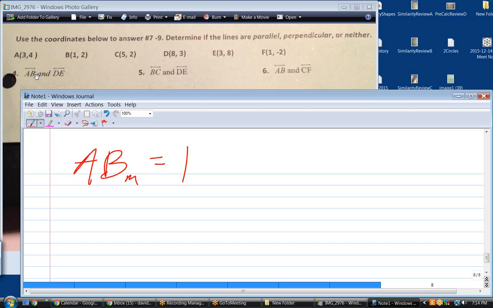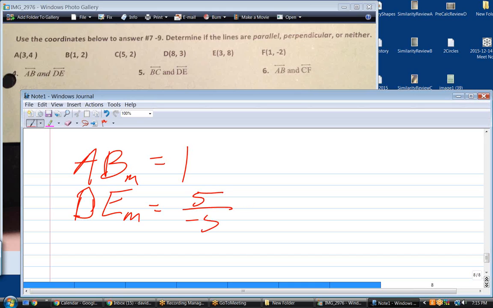Now, the question wants us to compare it to DE, so what's the slope of DE? So you could do 8 minus 3. Okay, and then this 8 and this 3? Yes. Okay, so that's 5 in the numerator. And then 3 minus 8, which is negative 5.